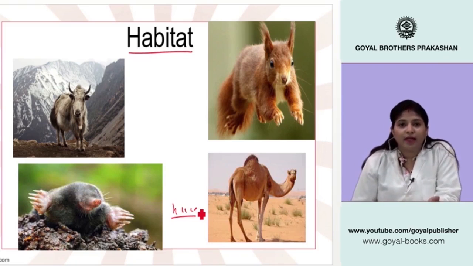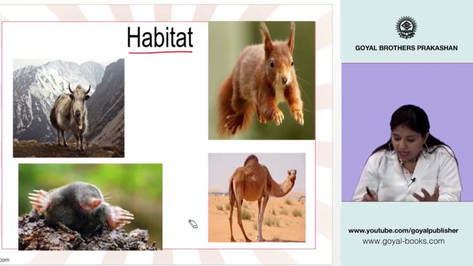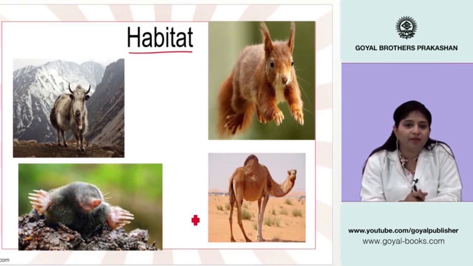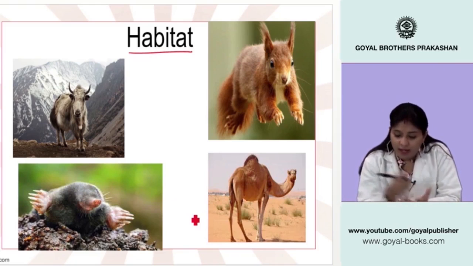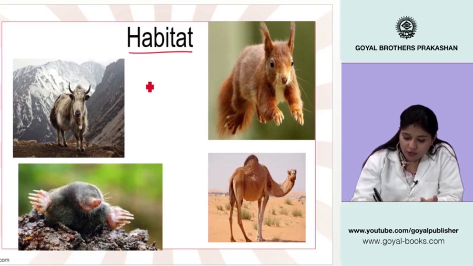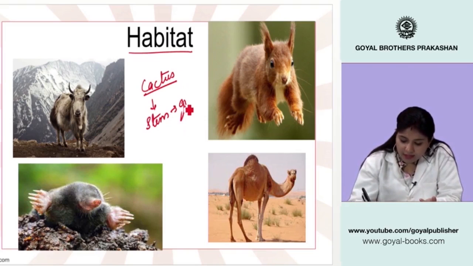Now we know that not only animals but plants also adapt themselves according to their environment. Like in the previous session we talked about cactus. We see that in cactus the stem is fleshy and green, right? What is happening because of that?